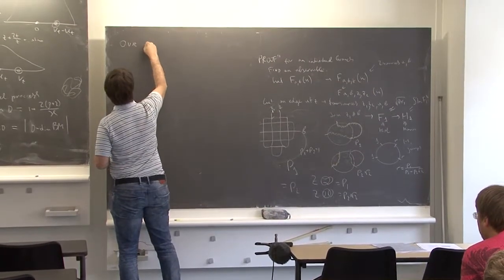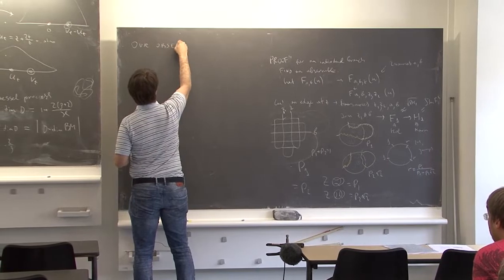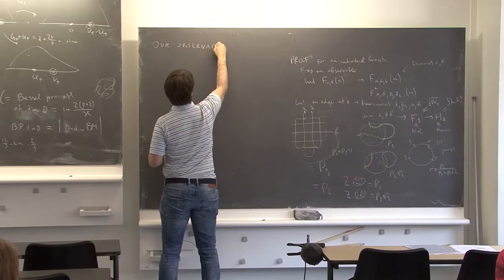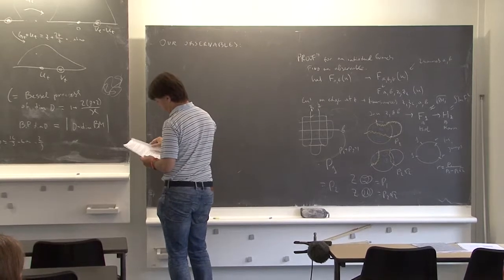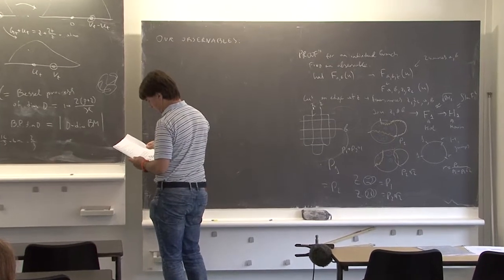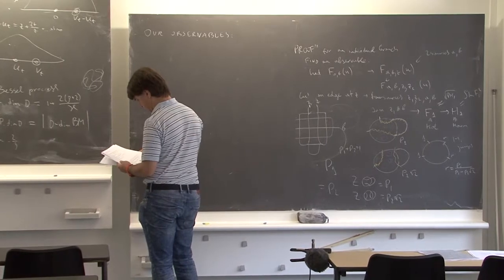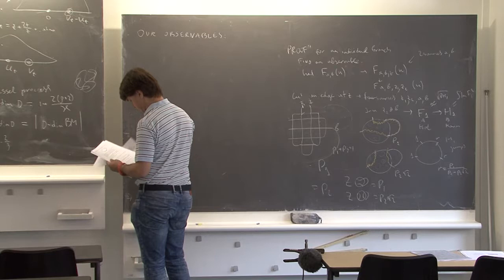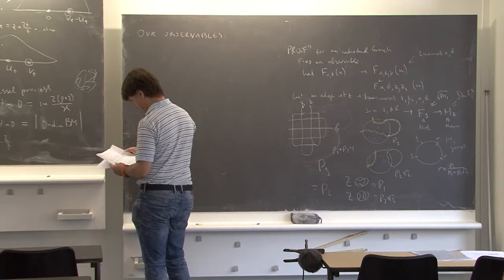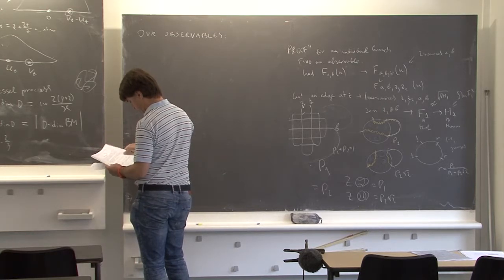So our observables in this setting, they give you 2 things that are martingales, and 2 things... let me just check so that I don't screw up the formulas.